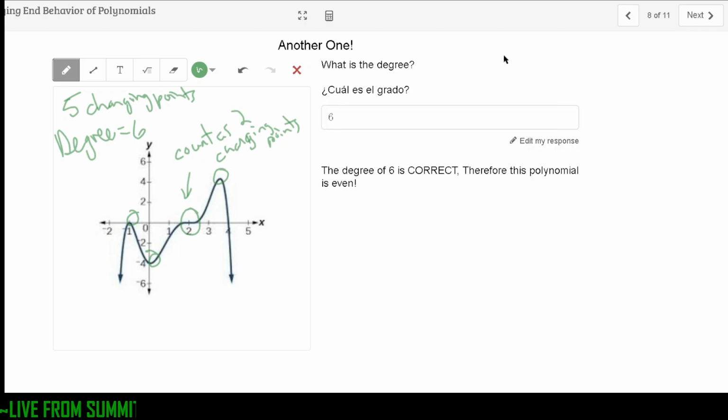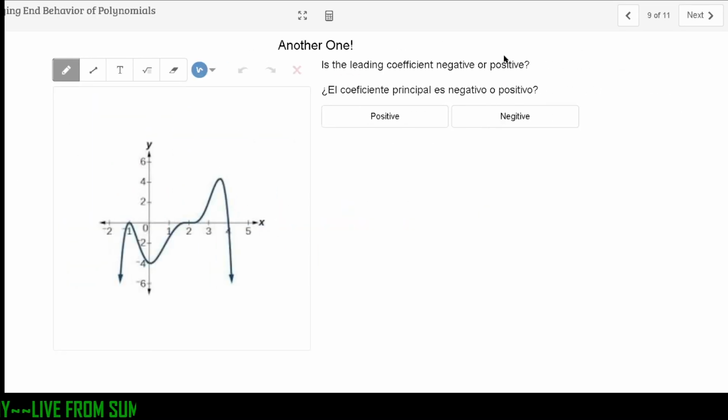So that means our polynomial is going to be even. And now we can use that to figure out what our leading coefficient is. Looking at our chart and our picture, as we go to the left or to the right, our y values are going down because they're pointing down as they approach negative or positive infinity.